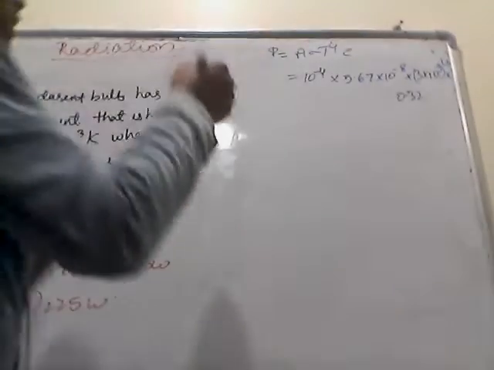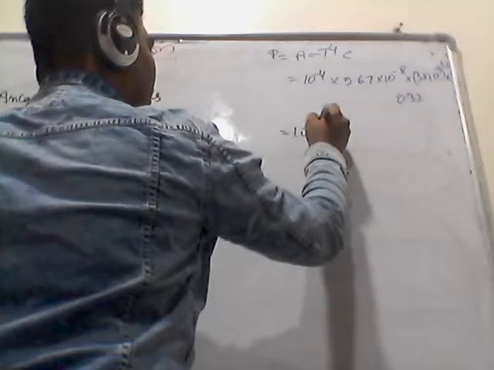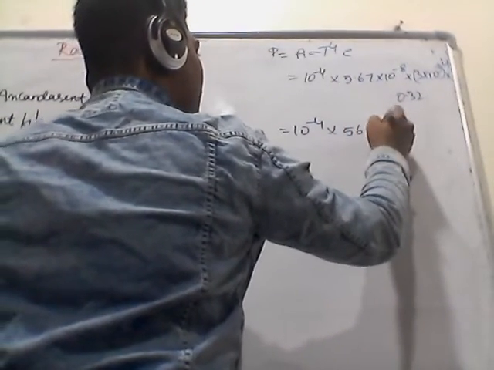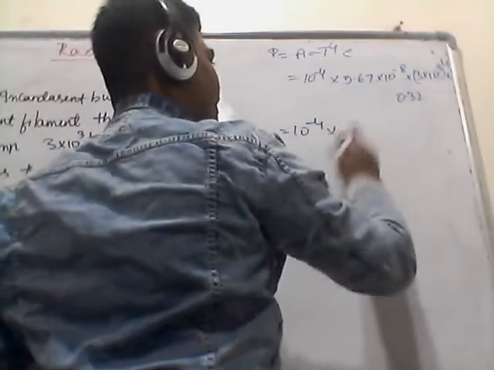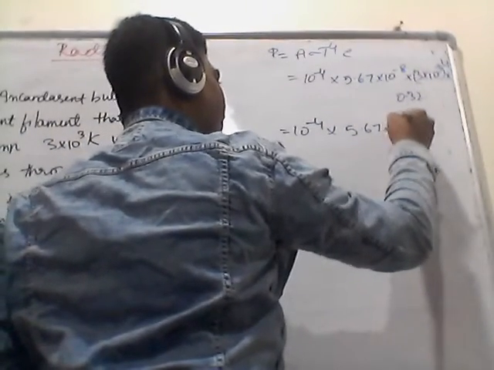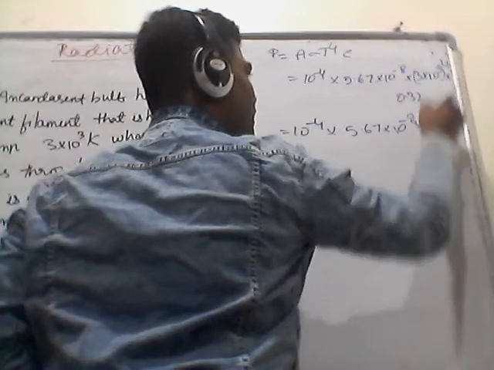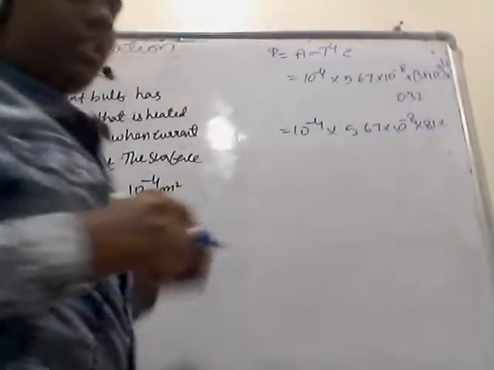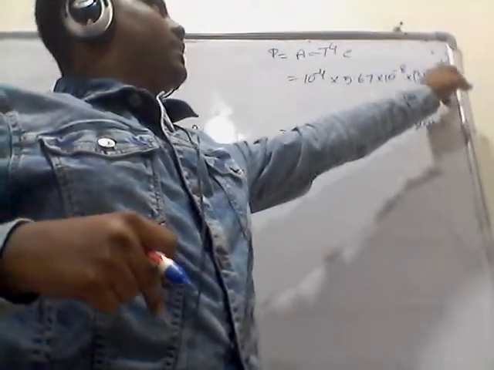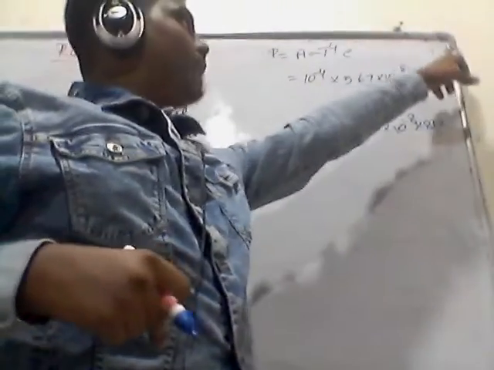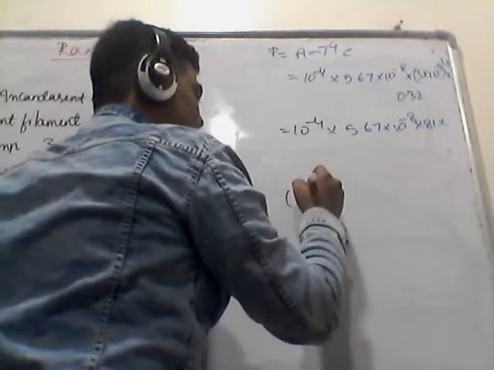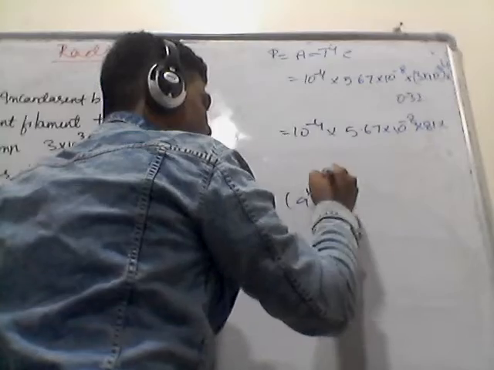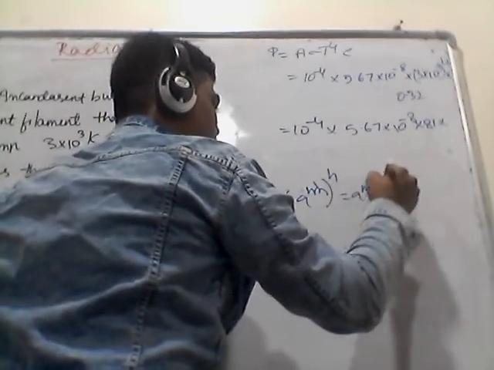Now, simplification, that's it. 10 to the power of minus 4, 5.67 into 10 to the power of minus 8, 3 power 4 is 81. Using the exponent law, (a power m) to the power of n is a to the power of m times n.